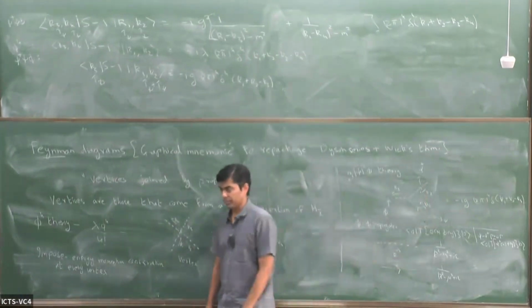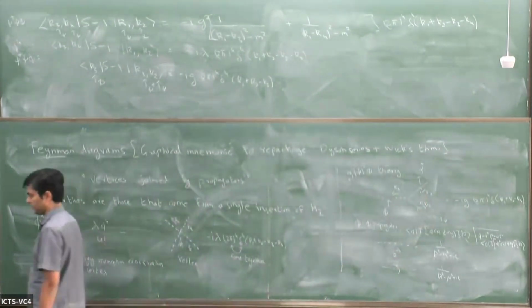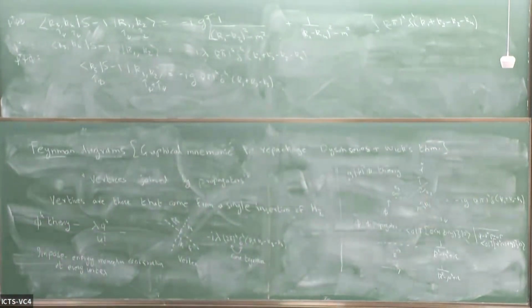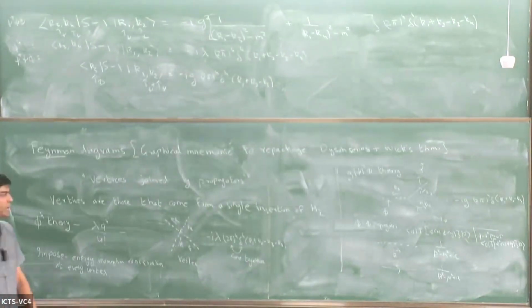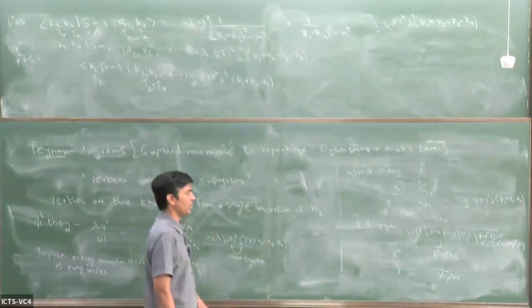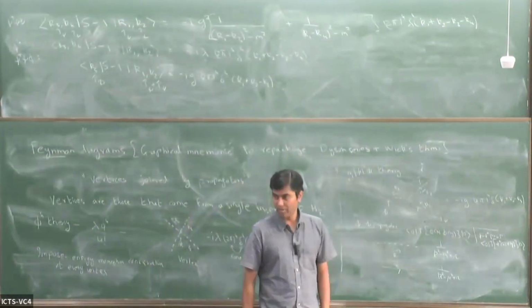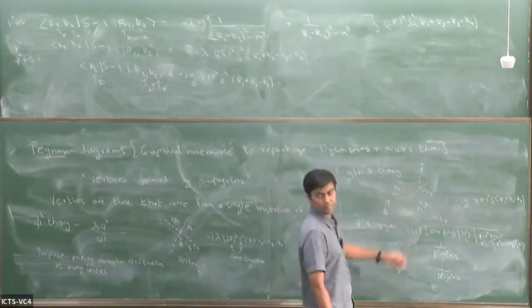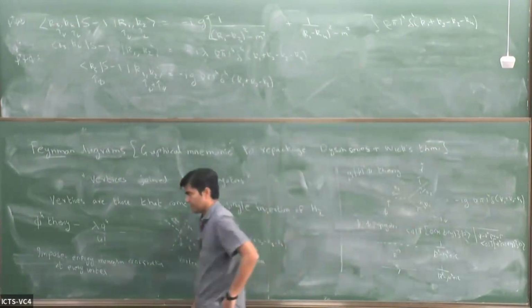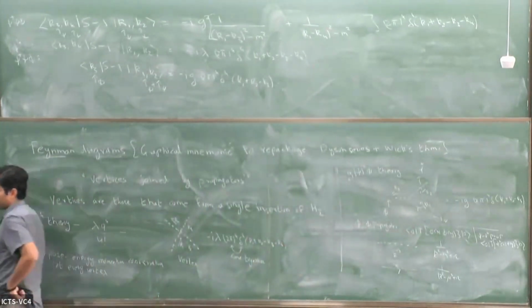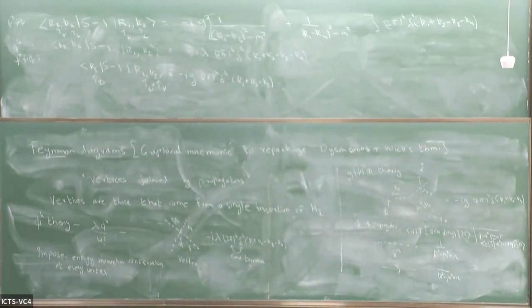How to keep track of that? I mean, arrow towards the vertex. You have to make up your notation, but that's one way to keep track of it. Okay, good.